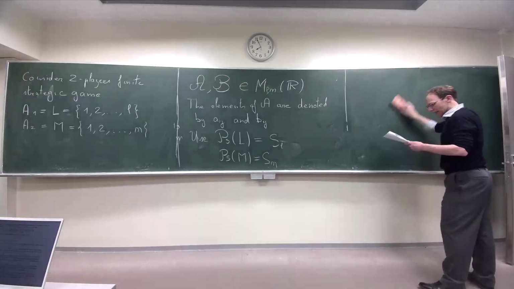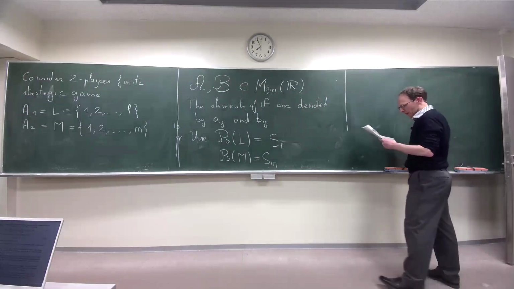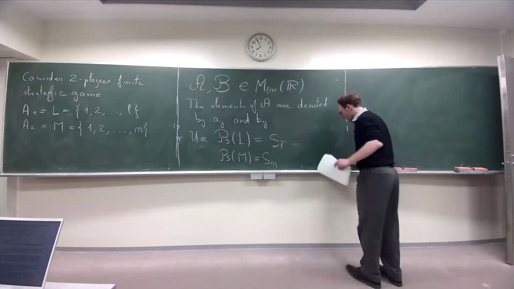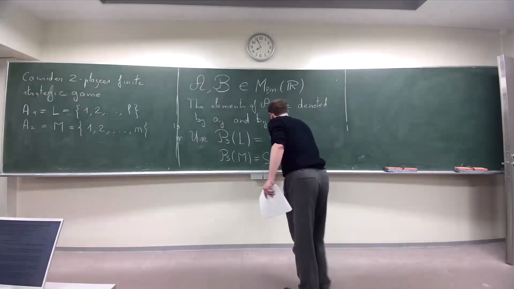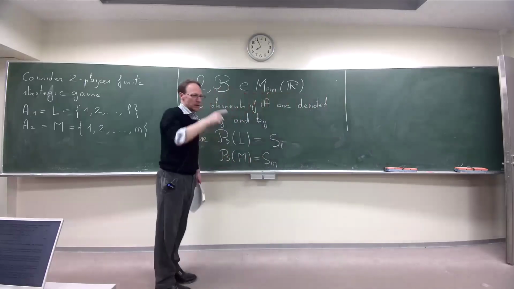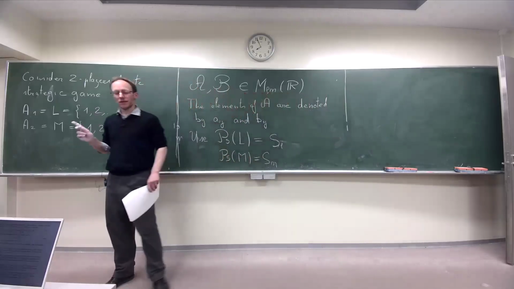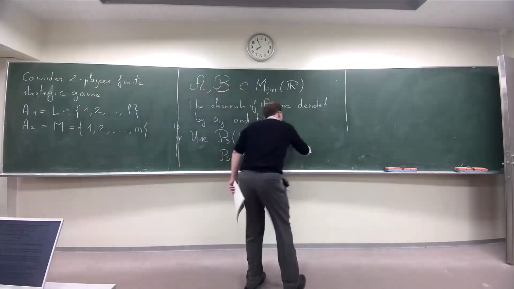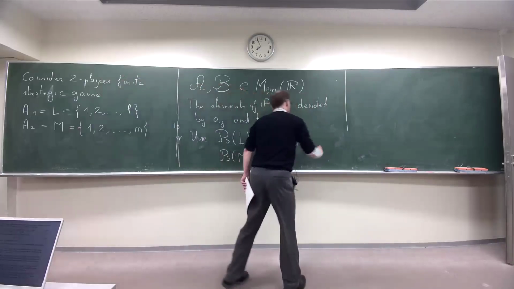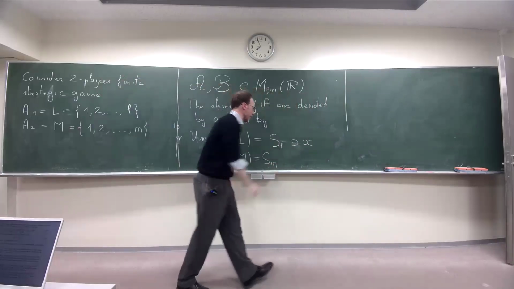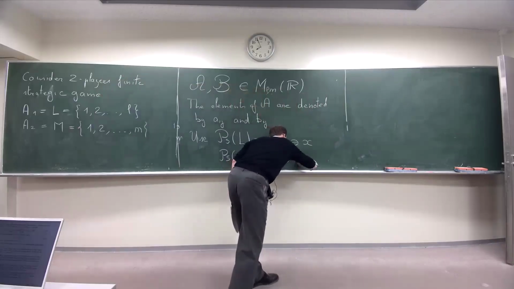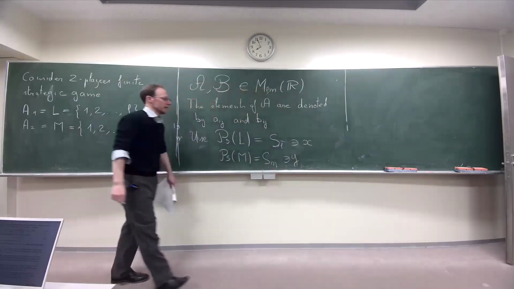And the last thing I need to observe, now let's compute. The elements here, as I mentioned, are vectors. I will use the letter X for a vector in S_L, and a vector Y for a vector in S_M.